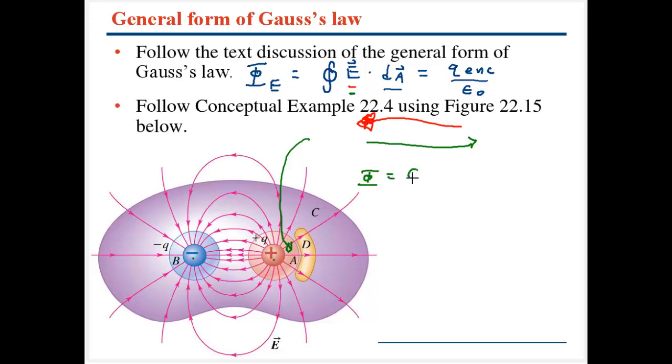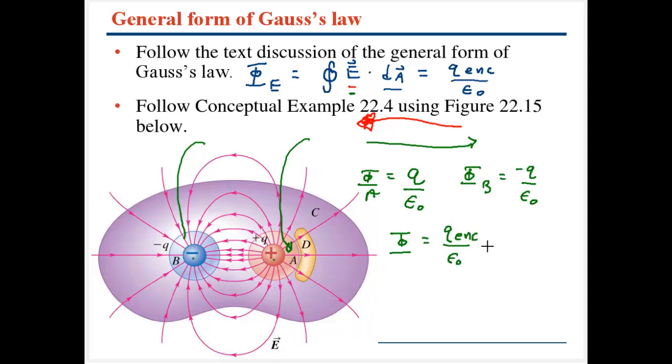That's simply going to be equal to the charge that's enclosed divided by epsilon naught, so it's going to be positive Q. If we look at surface number B, the flux in B is simply going to be the negative charge divided by the permeability of free space.